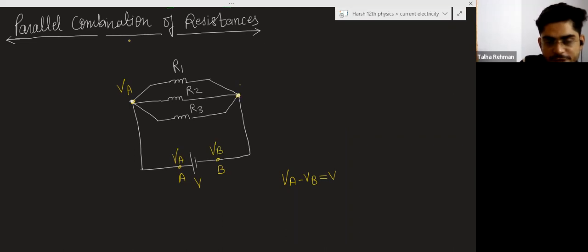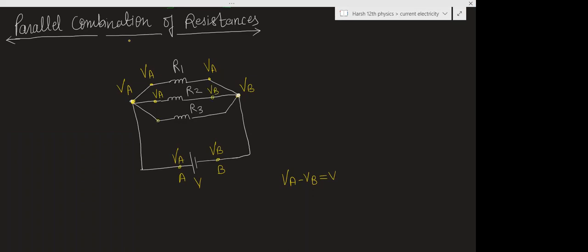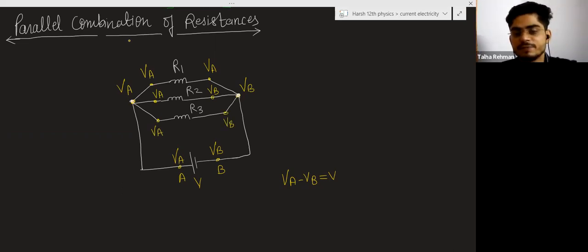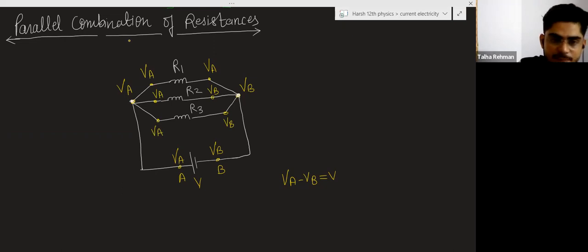Here also the potential is VB. So you can see here also VA, here also VB. Why is this happening? Because there are no resistances in the path.